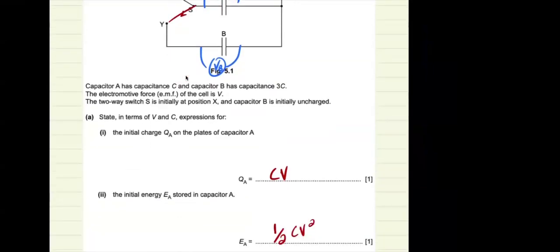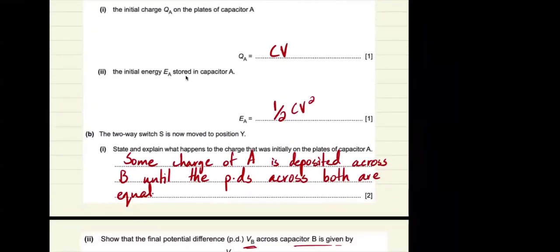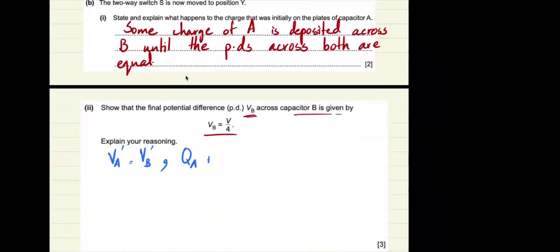So I'm going to say that QA and QB, the sum of these, would be equal to CV. I'm talking about the new charges, right? So QA, how can we write this in terms of capacitance? Well, it's very easy now that we do know the voltages as well. A has a capacitance C, so this is CVA.